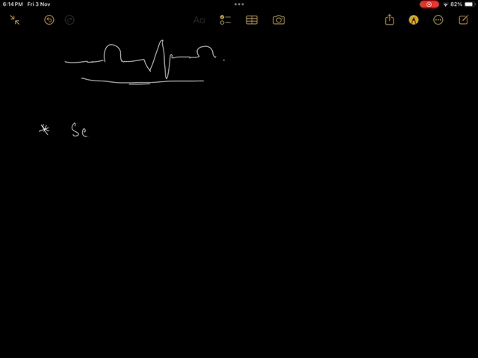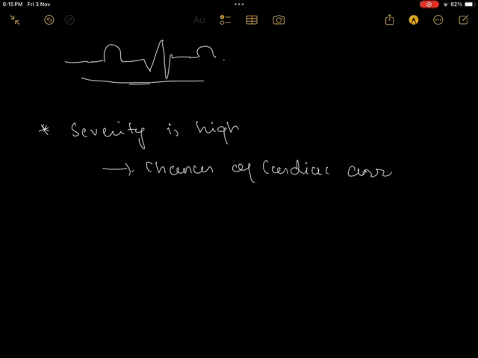So severity is high, and chances of cardiac arrest and MI, myocardial infarction or heart attack, are high.